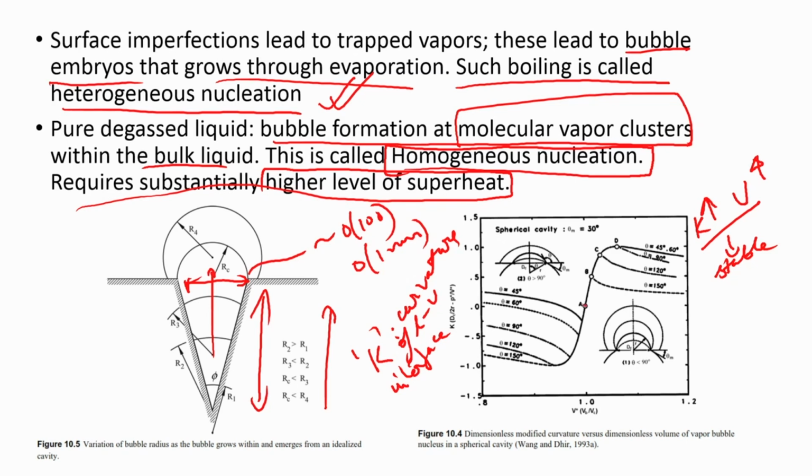For example, between A to D, you can see this particular curve, which is the curvature versus the volume. This is an increasing function, so it is stable.